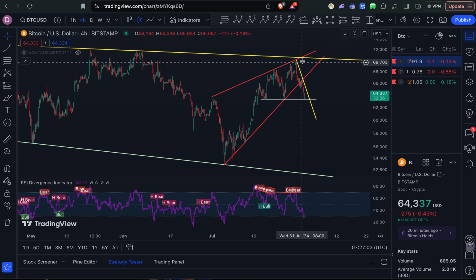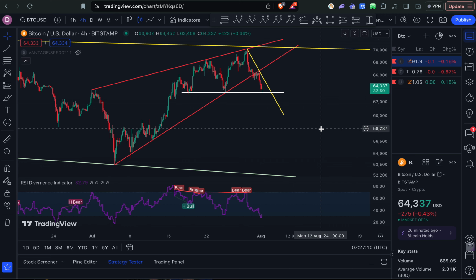We failed to reach and go above this resistance line. So if all of those were basically on our side and we still failed, that probably means there's not enough buyers in the market. And when there's not buyers in the market, there's no way for price to actually push higher.